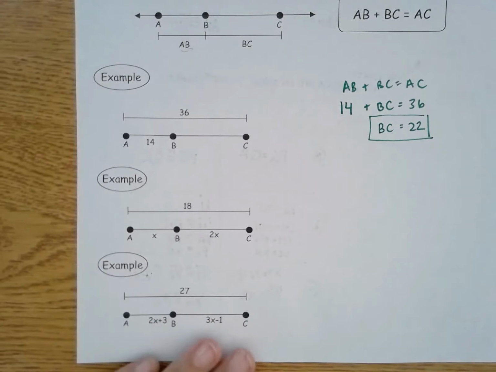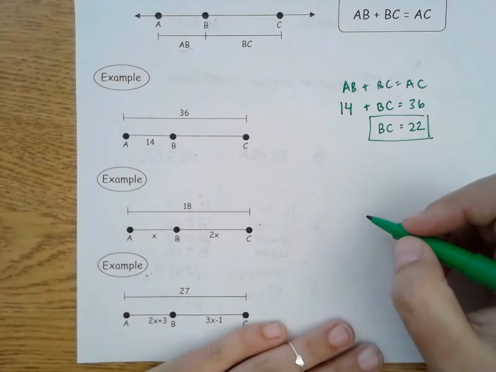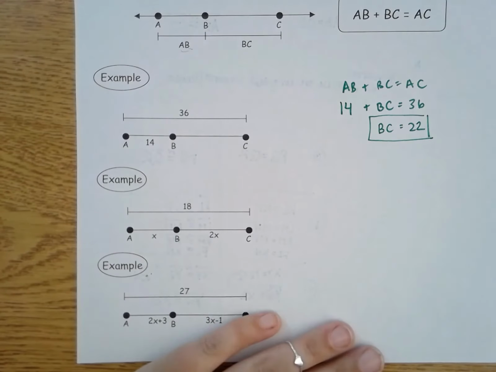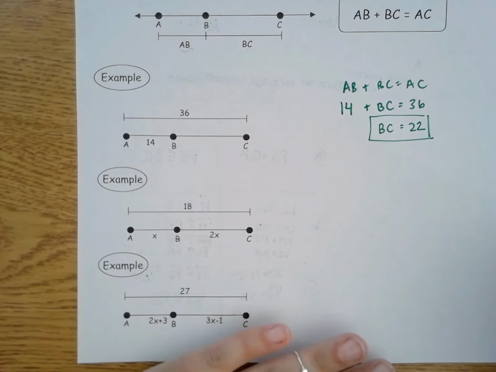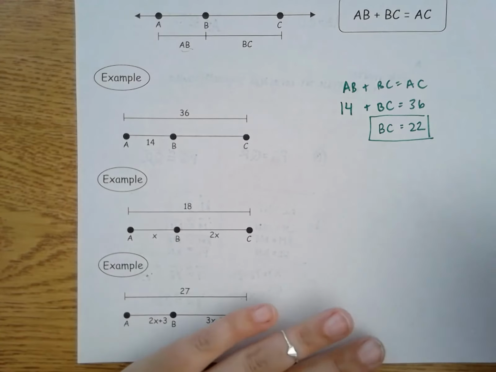Alright, so who would like to talk through setting this one up? Anyone want to just set it up? I'm not going to make you solve it, I just want you to set it up. What you got? Alright, I got it then.